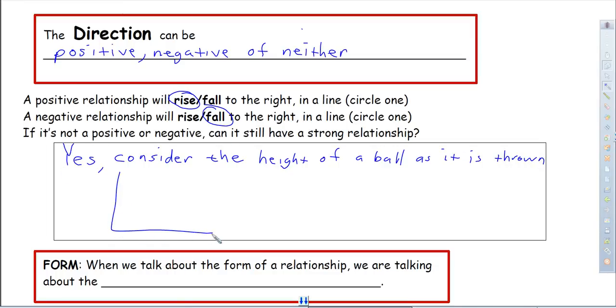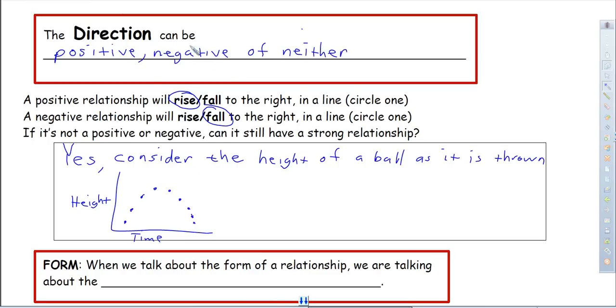So if we think about this, here we'd have time, here we would have height. So notice I'm picking my explanatory as time, the response is height, and, well, if you throw a ball, what's it look like? It would follow that kind of path, right? This kind of parabolic path.